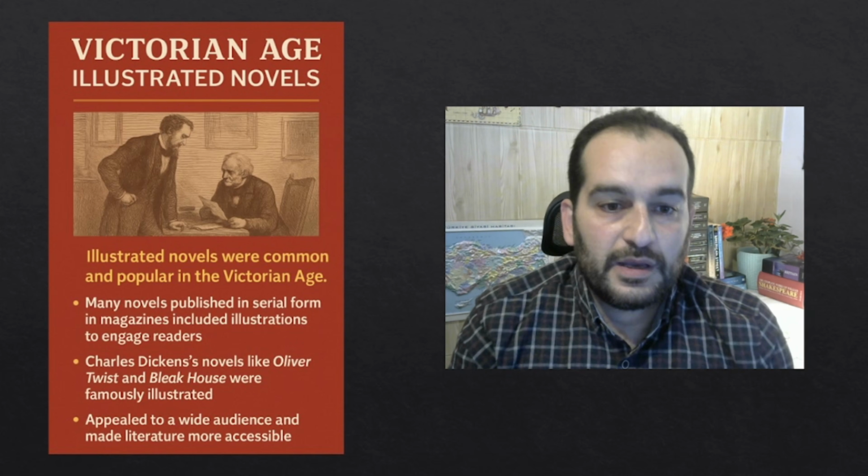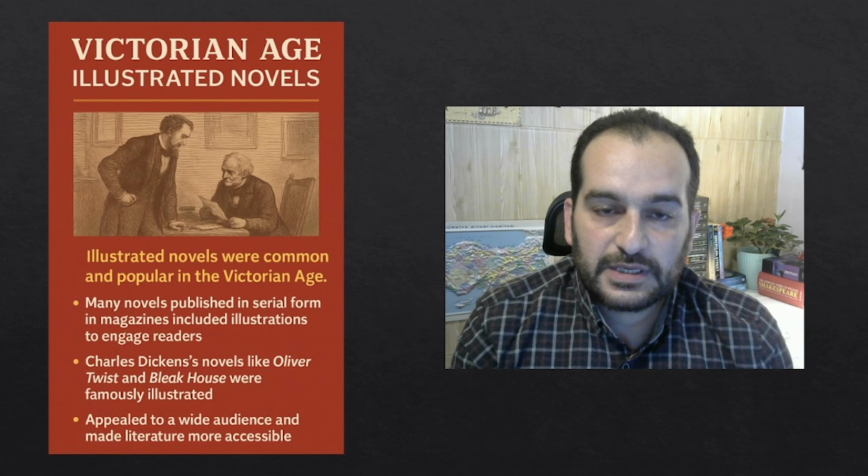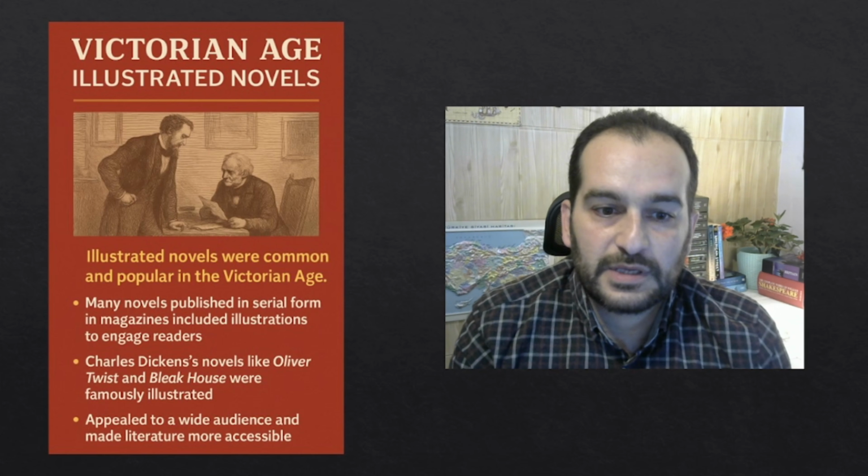This gave the readers a new experience and got them more engaged. For example, we see Charles Dickens' novels Oliver Twist and Bleak House. They were famously illustrated during the Victorian age. And this new style, let's say, appealed to the audience and made literature more accessible.